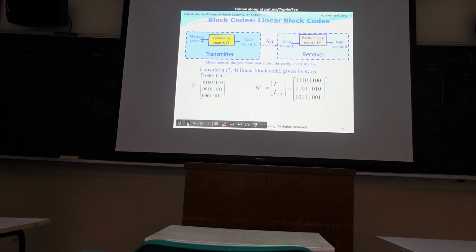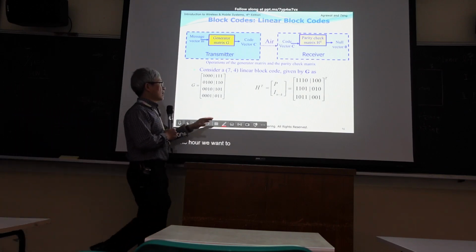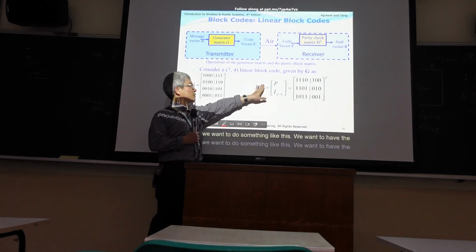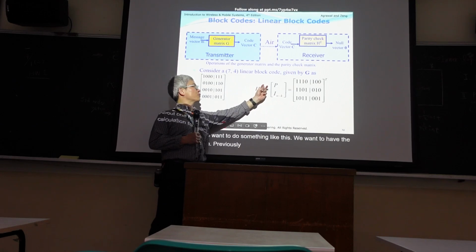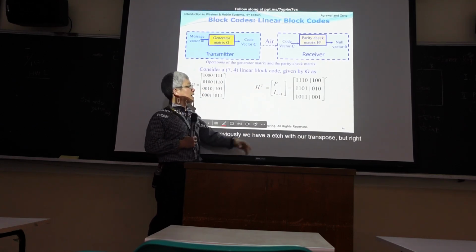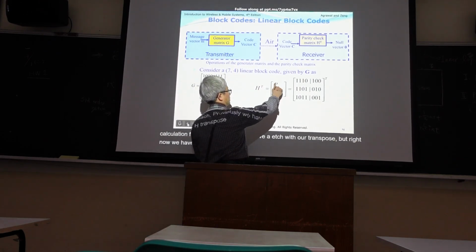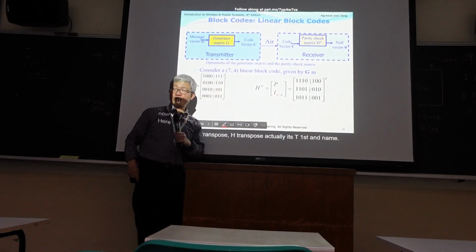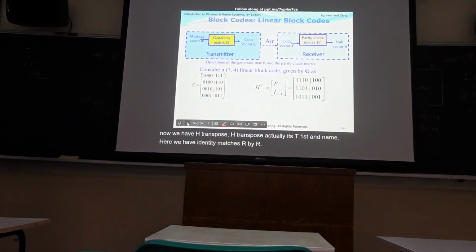But right now we want to do something like this. We want to have the calculation for H. Previously we have H without transpose, but right now we have H transpose. H transpose actually is P first and then here we have the identity matrix r by r.